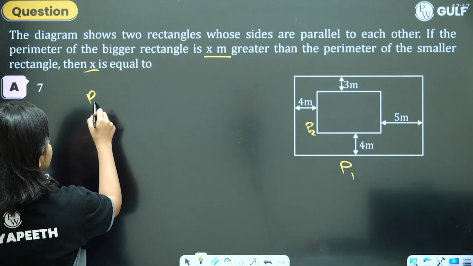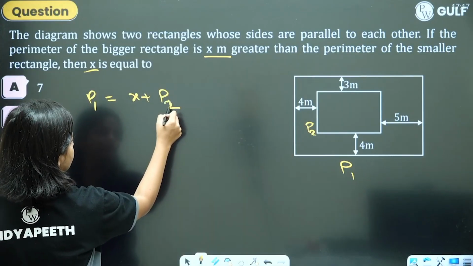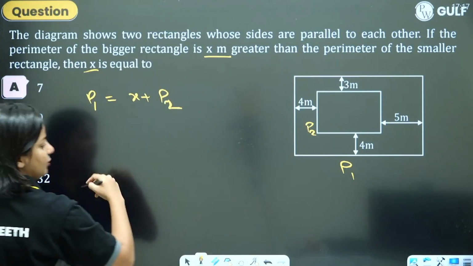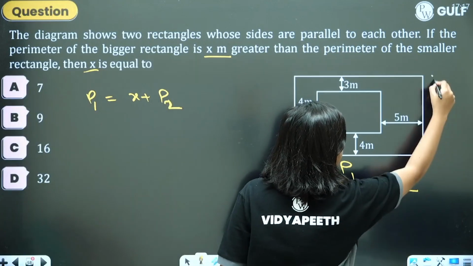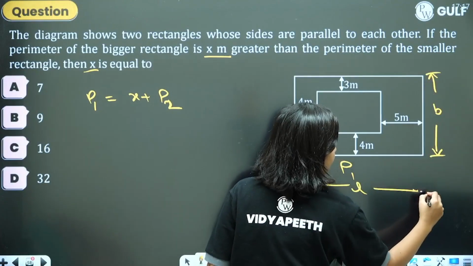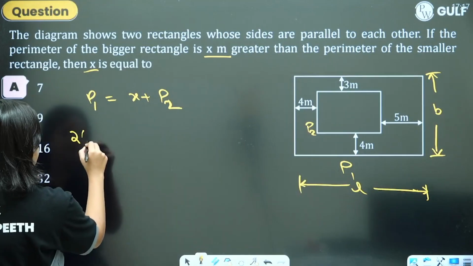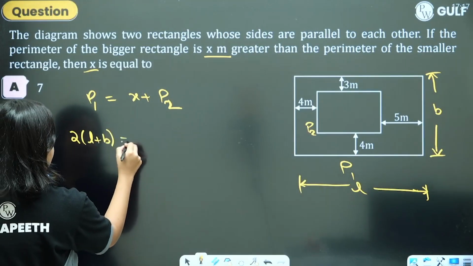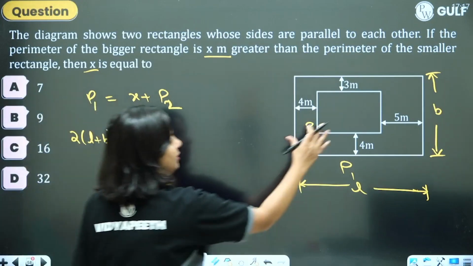Perimeter of the bigger rectangle is x meter greater than the perimeter of the smaller rectangle. What is the perimeter of the bigger rectangle? Let's say this is length and this is breadth. So 2 times length plus breadth, perimeter of the bigger one. And x plus, what is the perimeter of the smaller one?